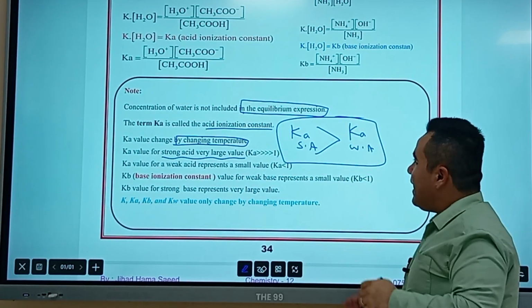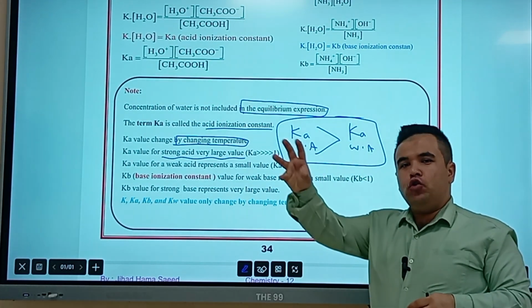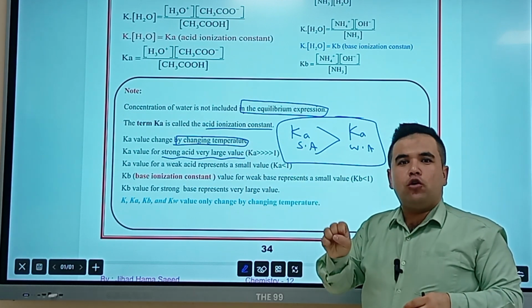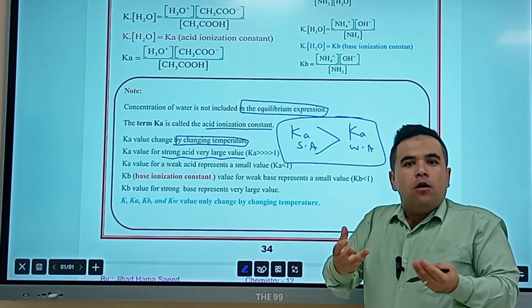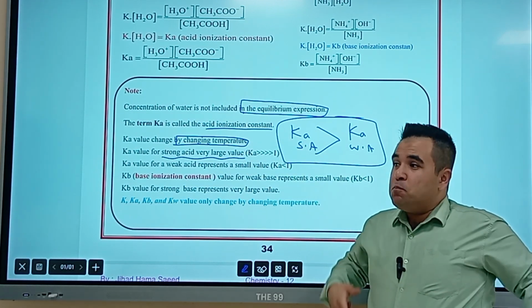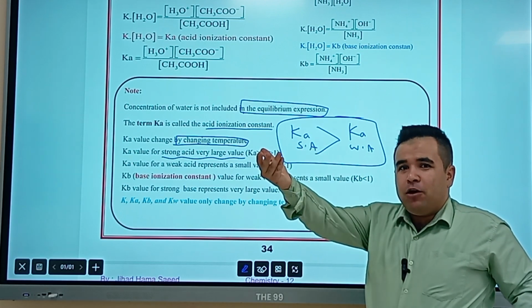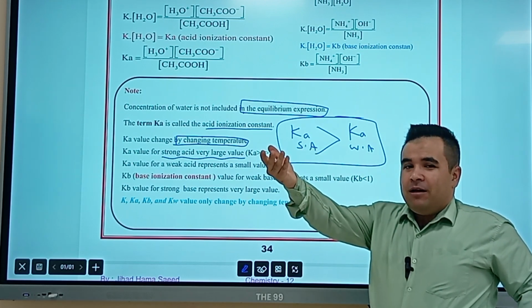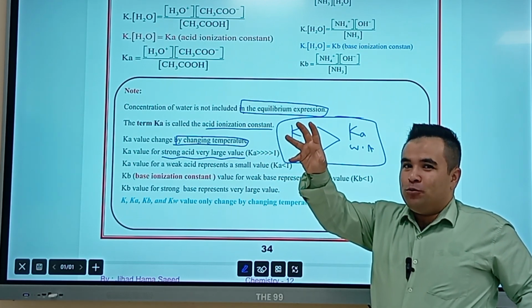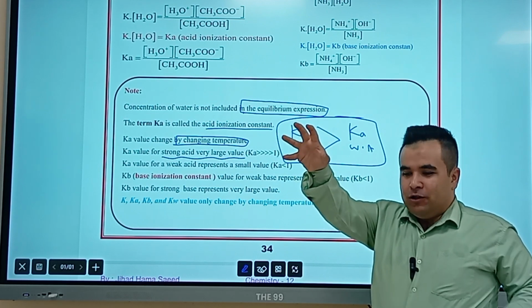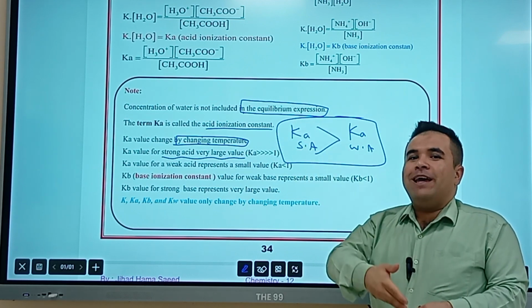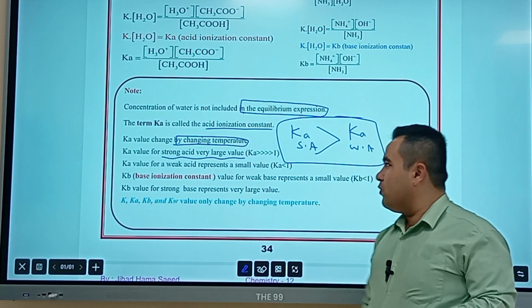Why? Because Ka equals the hydronium with the anion over the concentration of the acid. For strong acids, mostly they completely ionize to form the ions, so the numerator is a higher value than the denominator, and you get a high value.